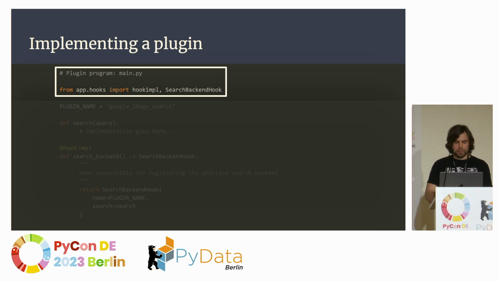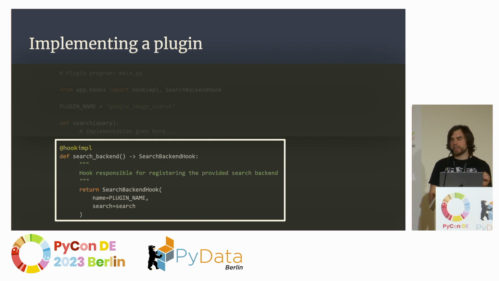And so below, what we do is we use the hook implementation marker as a decorator on this search backend function. And one thing to remember is that when we defined the hook specification, we put it as a decorator over a method that was called search backend. Now we're putting this hook implementation over a function called search backend.